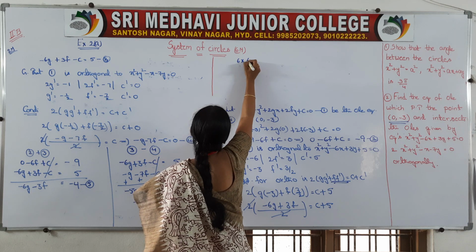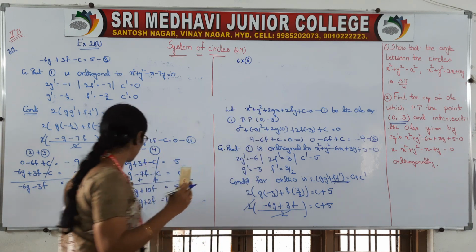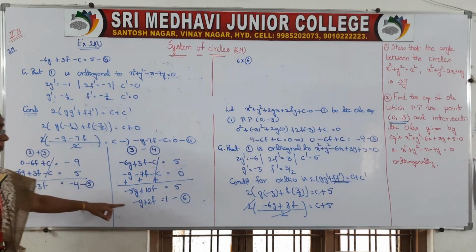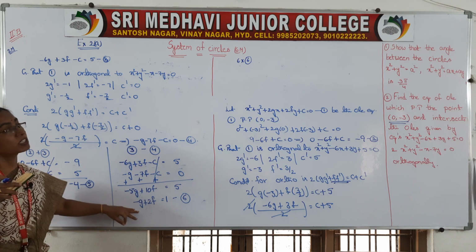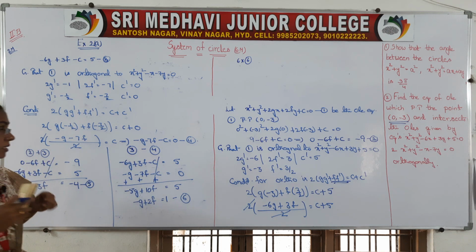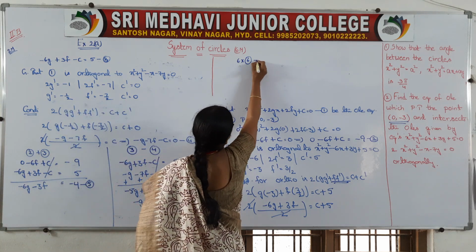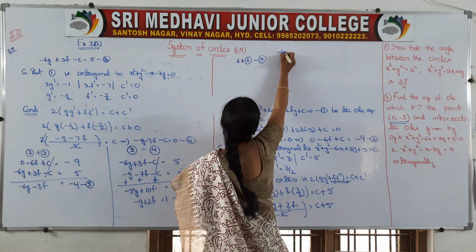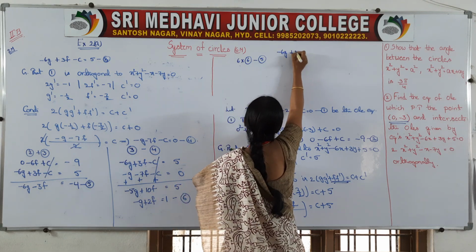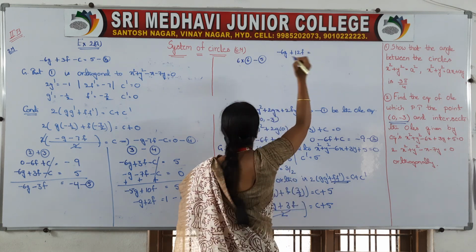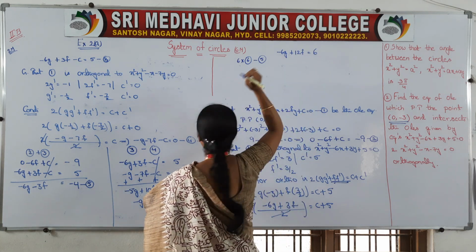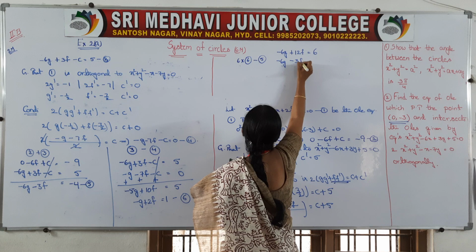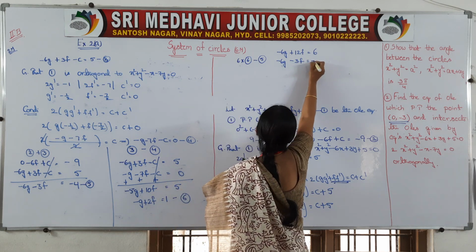6 into the 6th equation. If you observe, here minus g is there and here minus 6g is there. So you multiply this with a 6 and take the subtraction, minus of minus becomes plus. So 6 into the 6th equation minus the 5th equation we have to do. So it is minus 6g plus 12f is equal to 6. That is your 6th equation, and the 5th equation is minus 6g minus 3f is equal to minus 4.